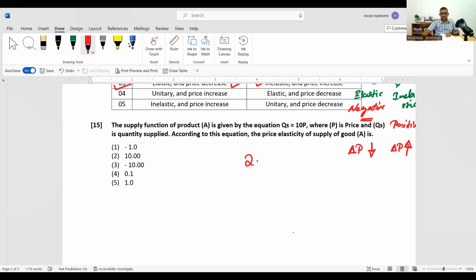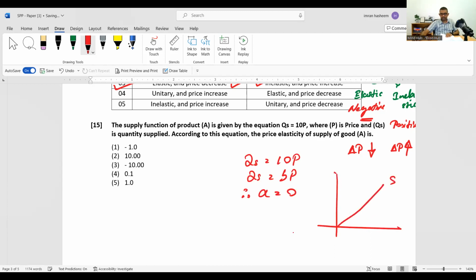QS equals 10P means QS equals bP. Therefore, the a component is 0. A component 0 means it's a supply curve starting from the point of origin, which means it is unitary supply. Job done.